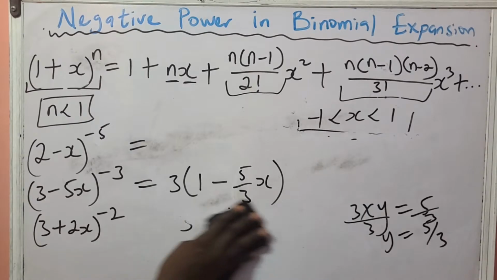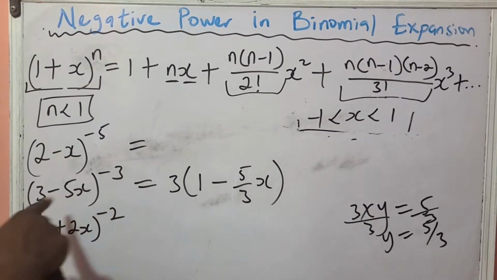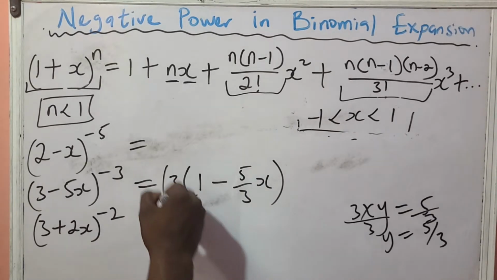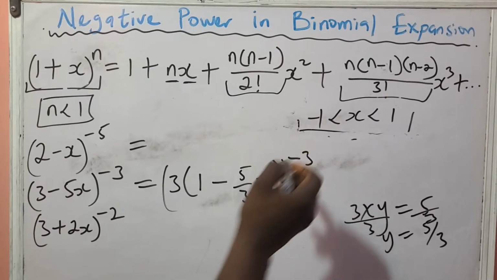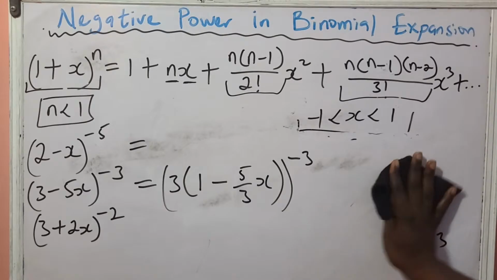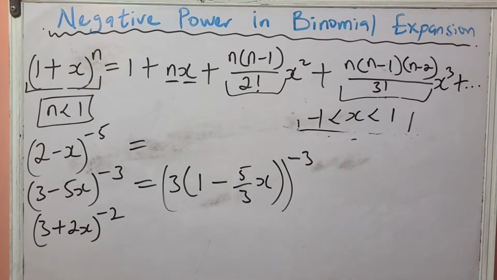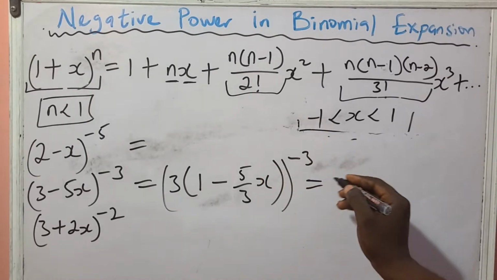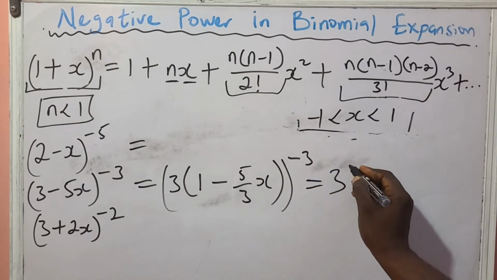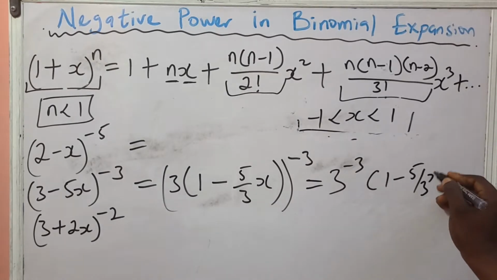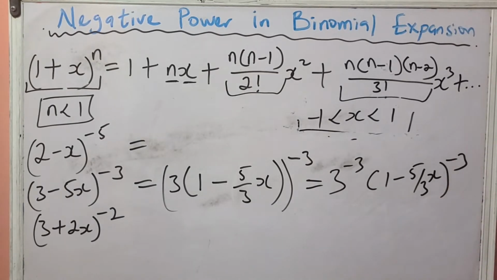So obviously now, this is how we are able to move from here to this place. Now, do not forget, we have the general power of minus 3. So we will now have 3 raised to power minus 3, then 1 minus 5 over 3x raised to power minus 3.